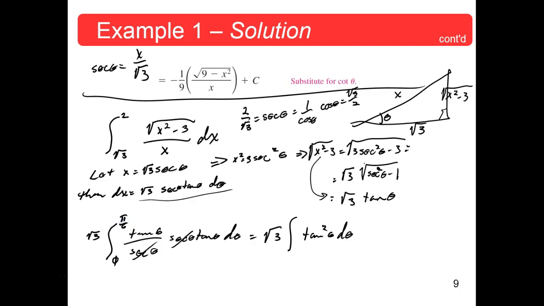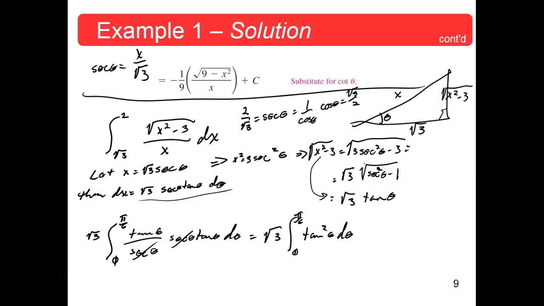And by the way, thetas are angles, and these are very reasonable angle values. So that makes me feel warm and fuzzy inside, or somewhere. So 0 to pi over 6. Okay. Now, all that seemed to be doing quite well until we got to tangent squared theta.